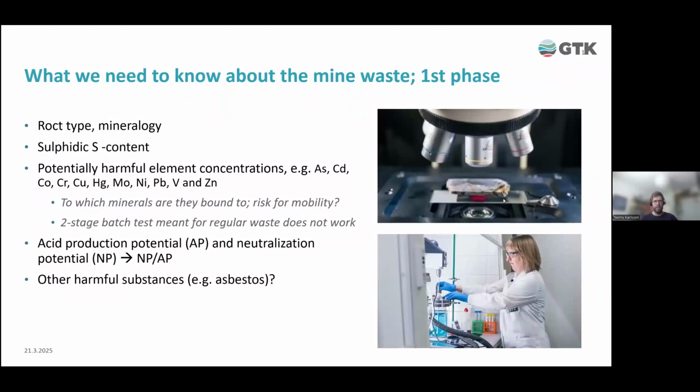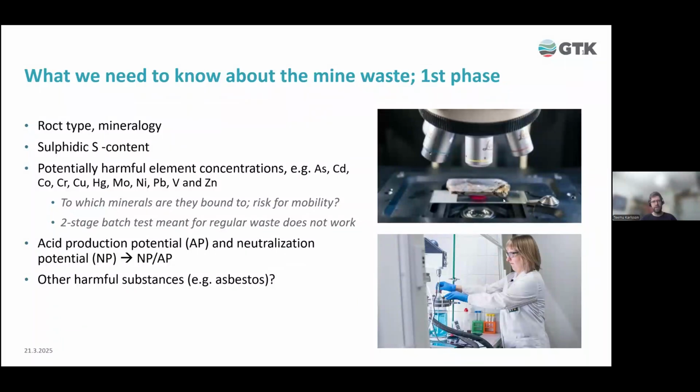So here's a little bit about the first phase, I would maybe call it the screening phase of the characterization. You should know the rock type, and do some mineralogical analysis, like XRD and SEM studies.